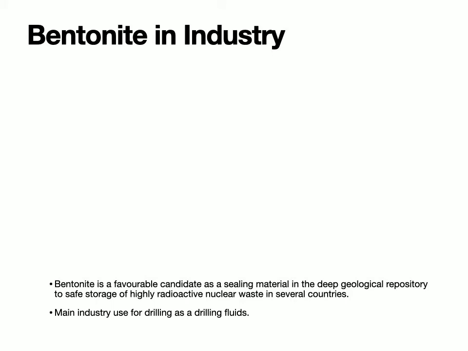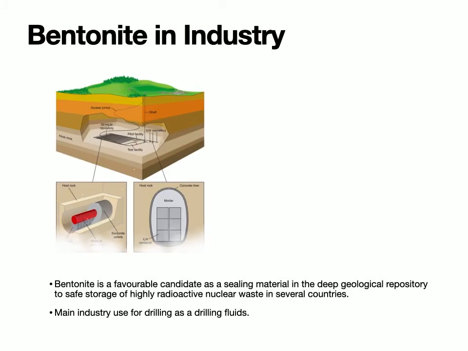So, a general idea: the bentonite that we use in industry is mainly used as a sealing material in deep geological repositories for safe storage of highly radioactive nuclear waste. Several countries use it, including Canada as well.